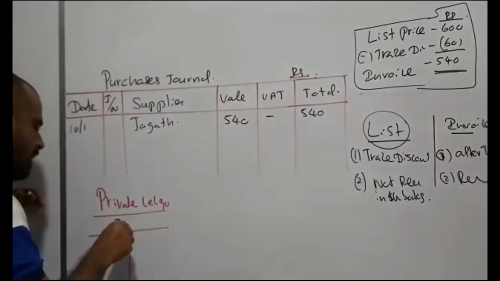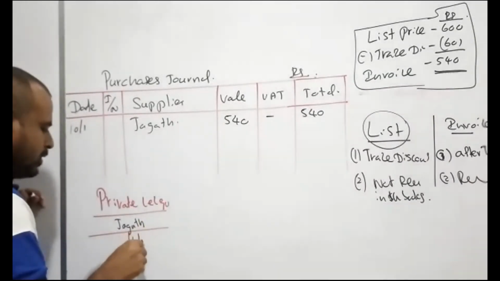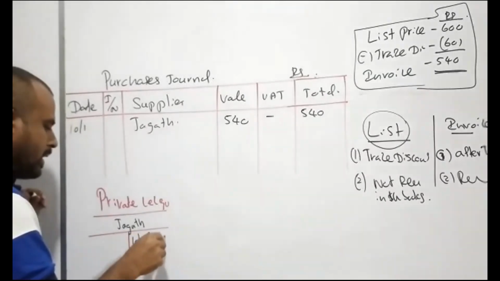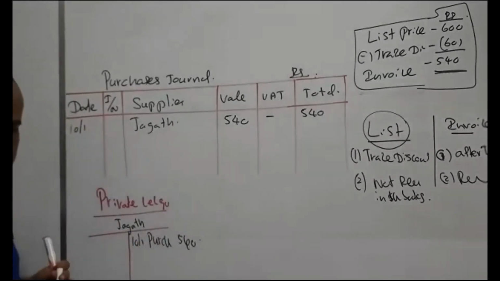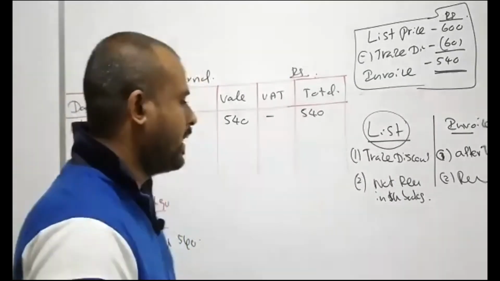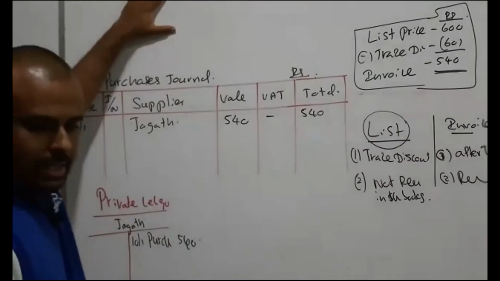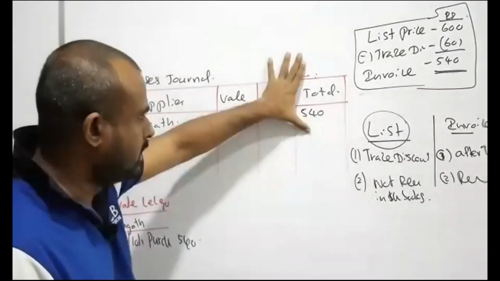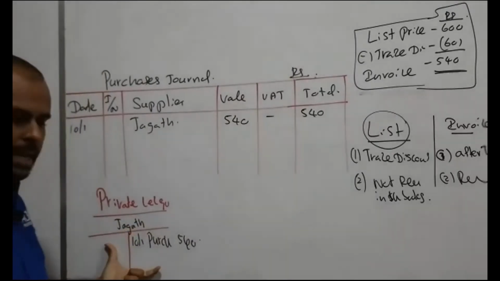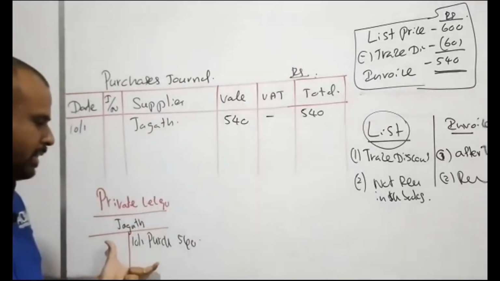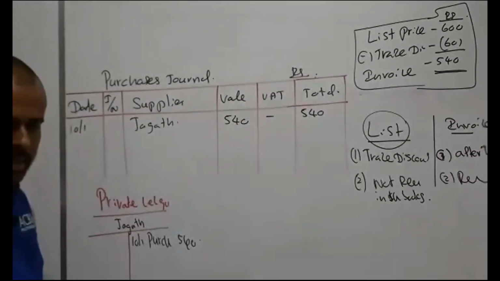Once the purchase is made, on the same day we must credit the Jagat account with the same purchase, rupees 540,000. Soon after it is recorded in the purchases journal, at the same time it is updated in the Jagat private ledger. It is 540,000. Is that clear?